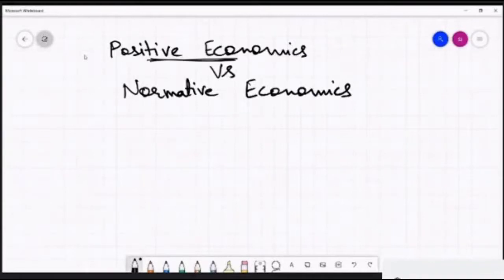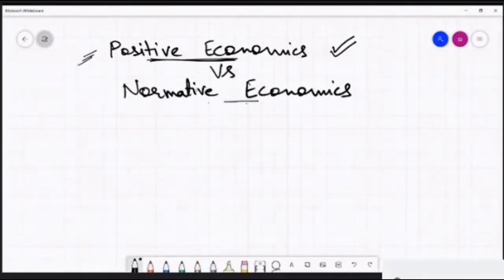So generally, you have to avoid these types of questions, and keep your questions positive: how do you calculate, how do you measure, what is the definition. So that is positive economics. Don't go into what is good, what is bad, or what is required, because at this stage you are only trying to understand the concepts first. You are not trying to justify anything. So please avoid those questions.